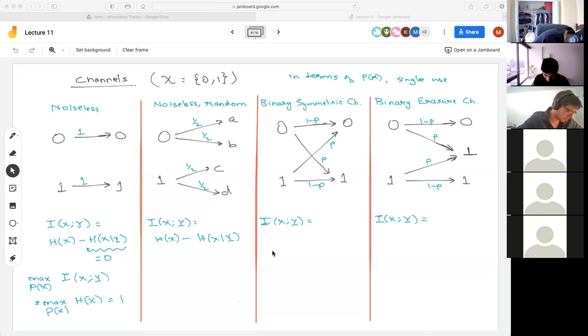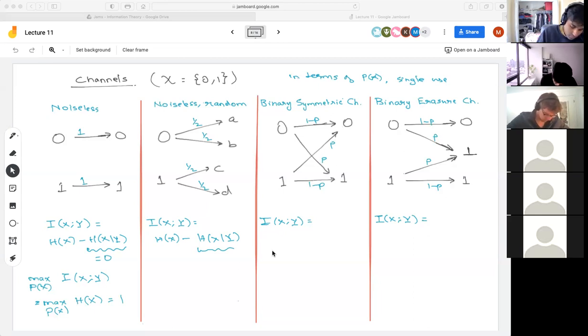So y is random, but if you are given the value of y, you know x. If y is either A or B, you know x was 0. If it was either C or D, you know x is 1. Even though y has some entropy, x given y has no entropy.